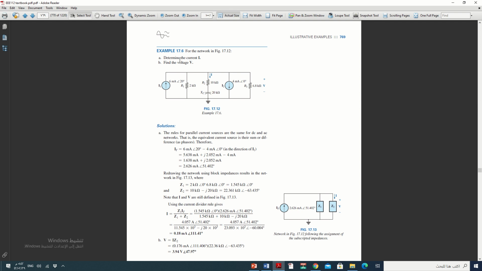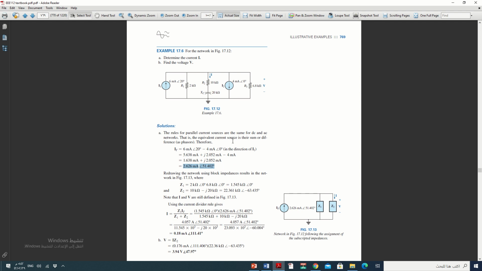The requirement is to determine the current I and find the voltage V. How to find I? We said subtract, but with angle. See this? You will find the final answer, not 2. It is 2.626 milliampere with angle 52.4.